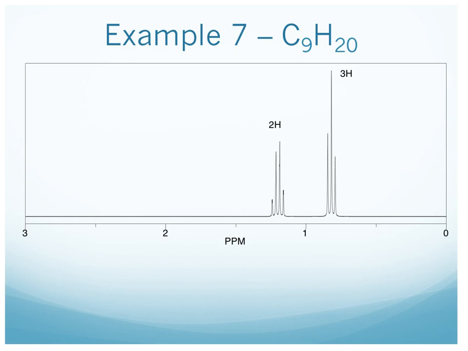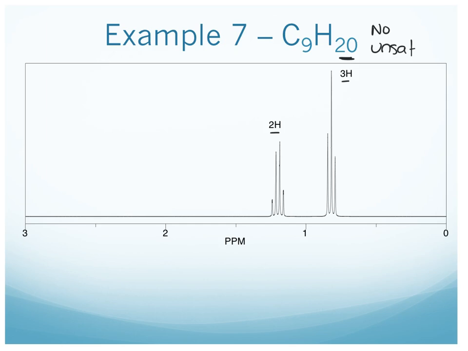This one we have C9H20. No unsaturations. But what you should immediately notice is that we have integrations for 2 hydrogen and 3 hydrogen, so only 5 hydrogen accounted for in the spectrum, but 20 hydrogen in the molecule.